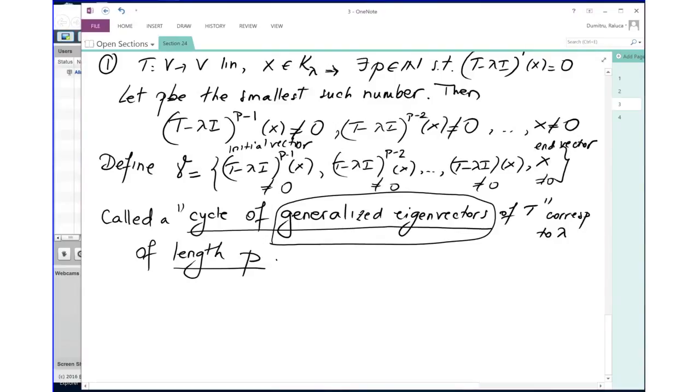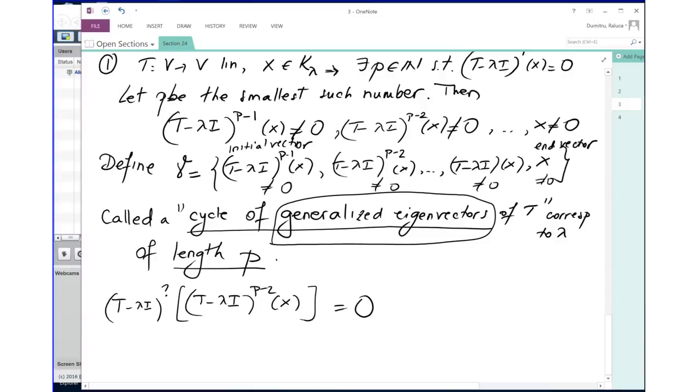Well, take one of them, like (T minus lambda identity) to the power p minus 2 applied to x. For this to be a generalized eigenvector, it would mean that when you apply a certain power of T minus lambda identity to it, you get 0, right?